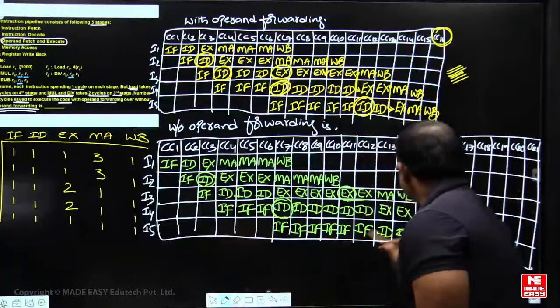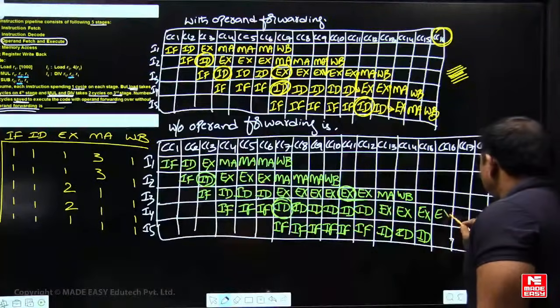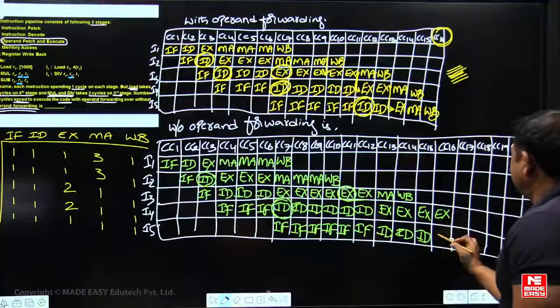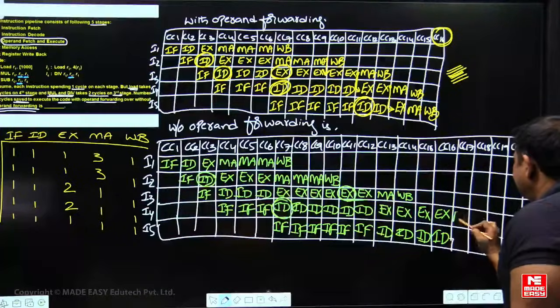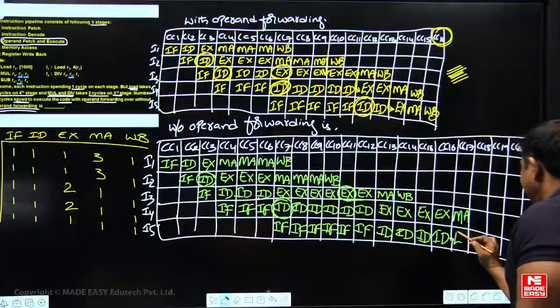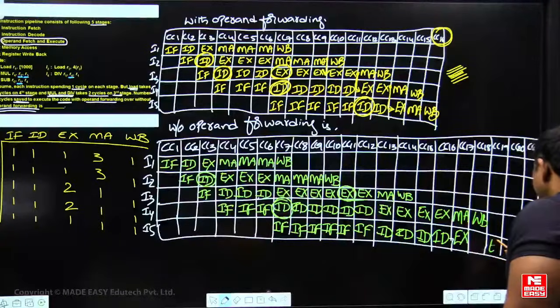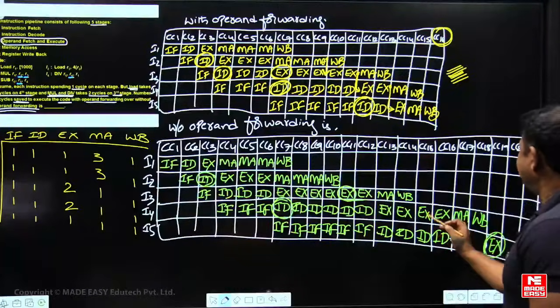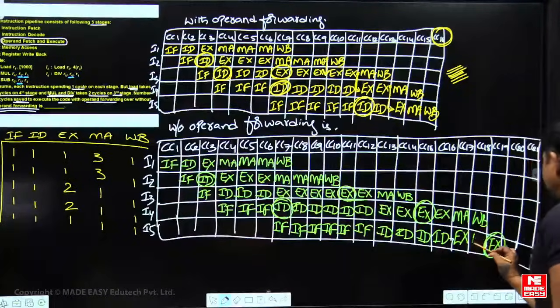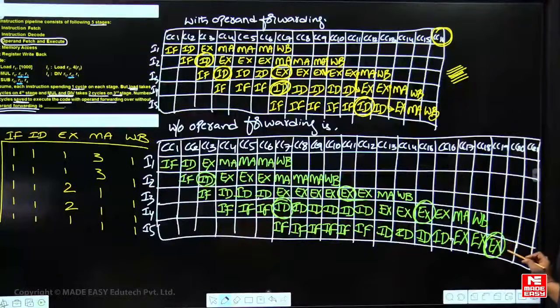EX takes it. After that, waiting. Then this is MA. This is the WB. After that EX, because operand fetch takes place here. Okay, right. Next MA, only 1 cycle is sufficient. Then WB. Total 21 cycles.